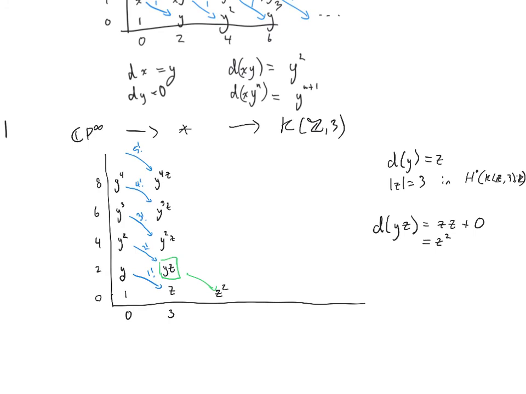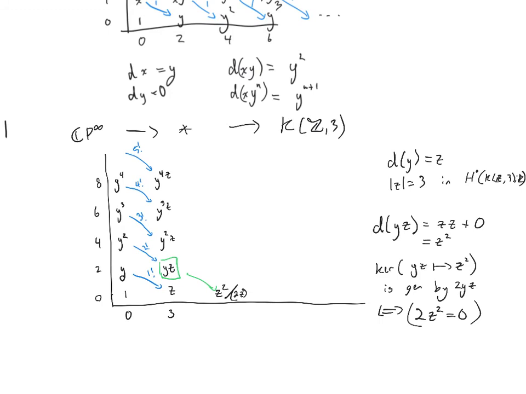However, I need to know that the kernel of the map taking yz to z squared is generated by 2yz, which tells you that 2z squared is 0 in the target ring, or in the target module. So you have z squared mod 2z squared.